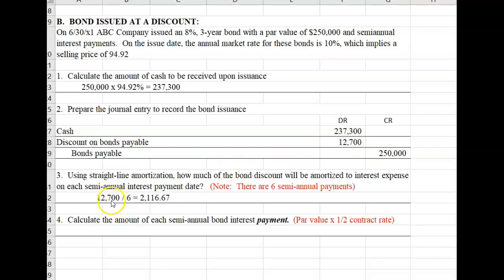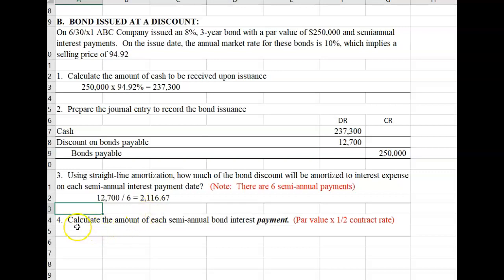If we divide that by 6, the number of semi-annual interest payments, that will calculate the amount of the bond discount that will be amortized to interest expense on each semi-annual interest payment date. 12,700 divided by 6 equals $2,116.67. Don't be mystified. You'll see how this all comes together as soon as we finish this example.